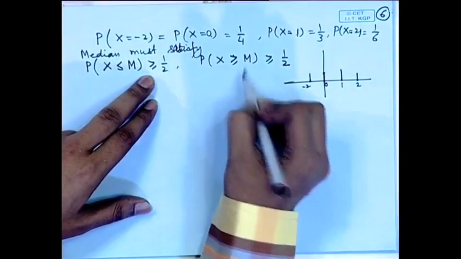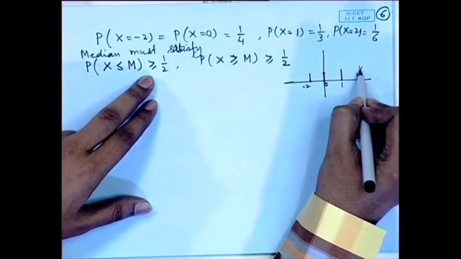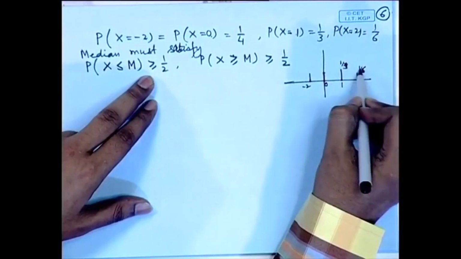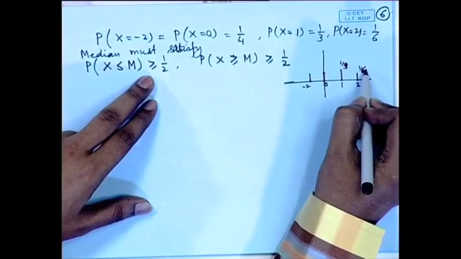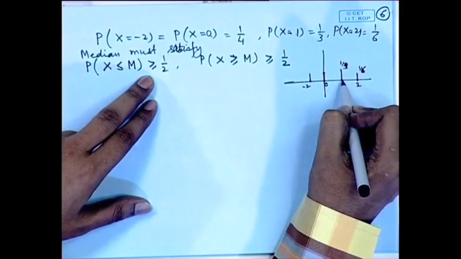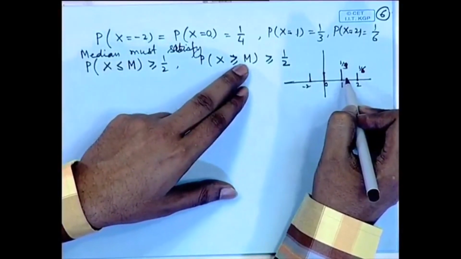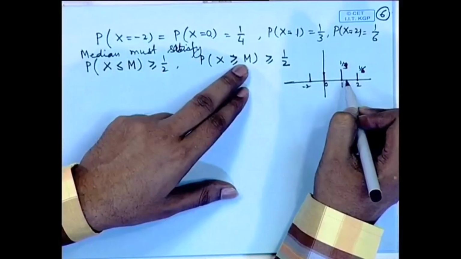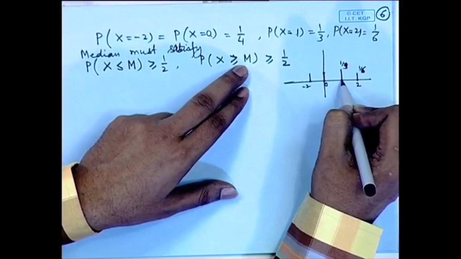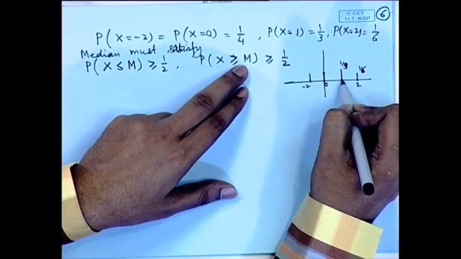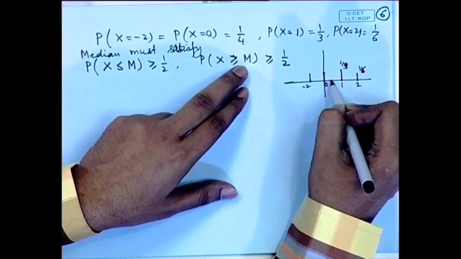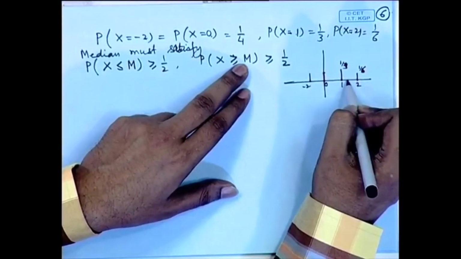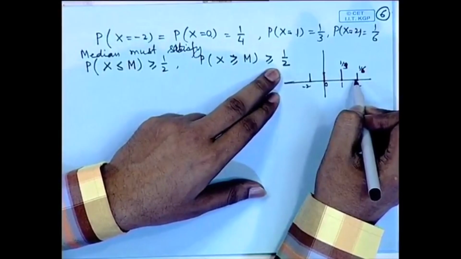If we look at the second condition, here the probability is 1/3, here the probability is 1/6, and so if you add, this becomes half. So, if I consider m to be any point before 1, then the condition that probability X greater than or equal to m is greater than or equal to half is satisfied.